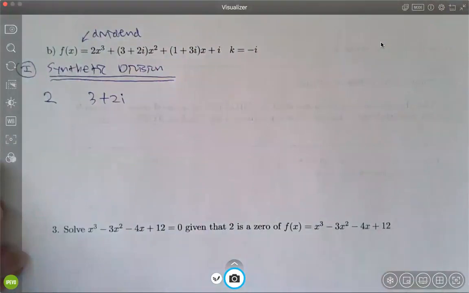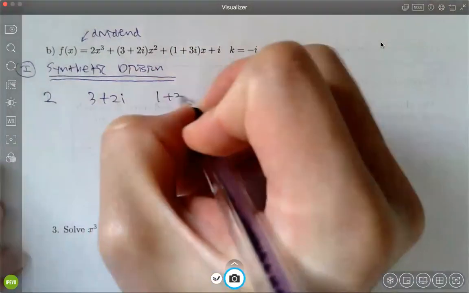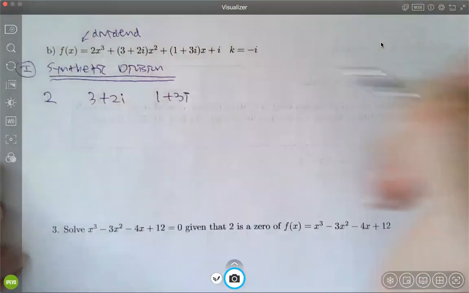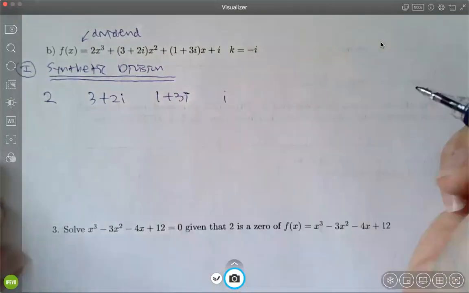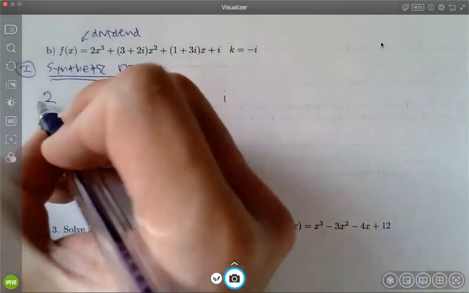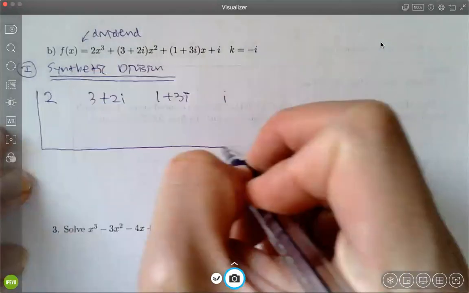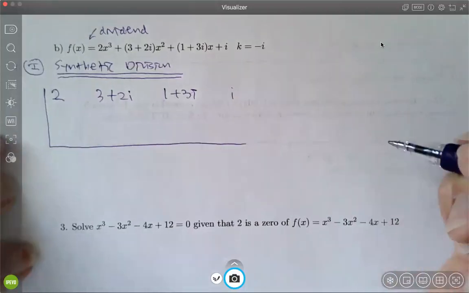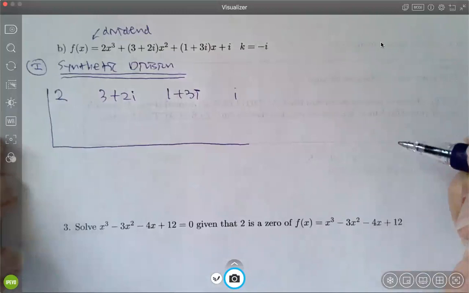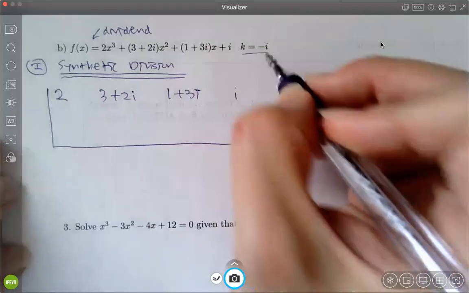It's 1 plus 3i, again something that's multiplied in front of x. And then the last coefficient is i. So we have imaginary numbers, not just one. And then the k value is negative i, so that needs to be written outside.